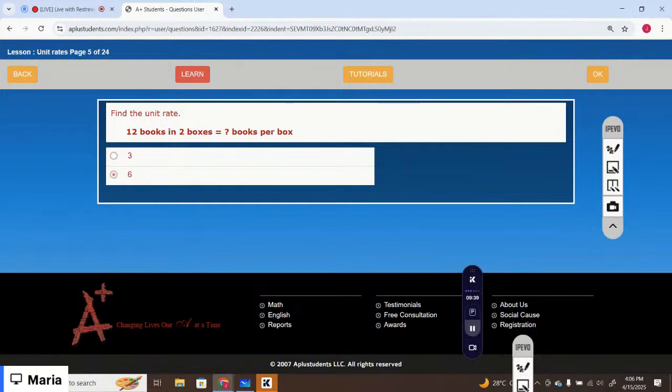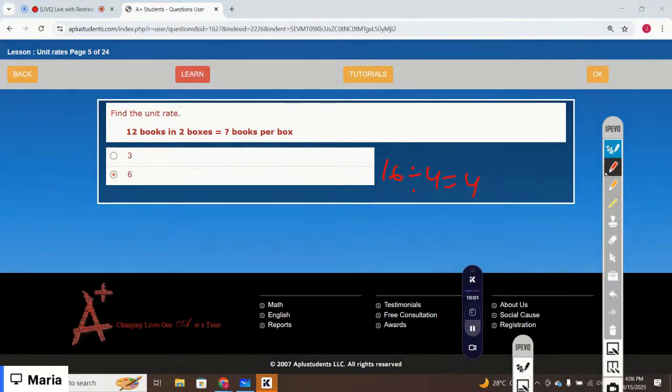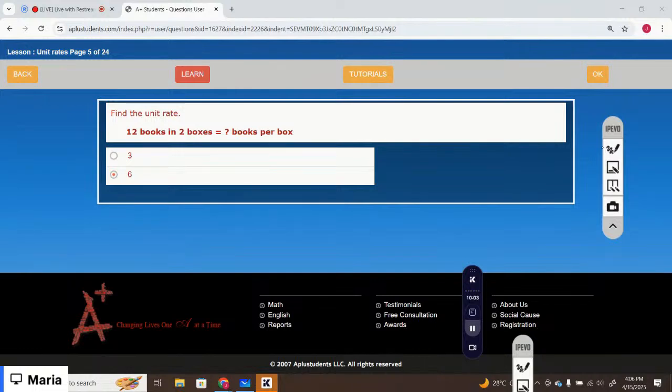That means 6 books per box. Option number 2 is the correct option.